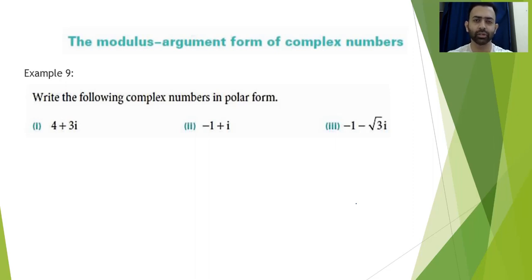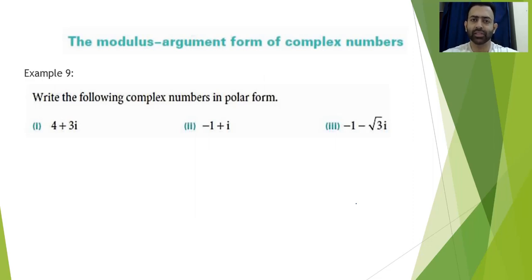Means we first find out the magnitude of the complex number and then find out the angle which it is making with the positive x-axis, or in the sense of complex numbers, with the real axis. And I gave you the idea of how it is related to vectors, right? In vectors also we gave the magnitude form of a vector, but there is a slight difference between representing a complex number in its modulus argument form, right?